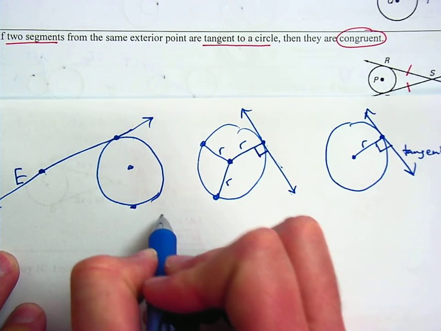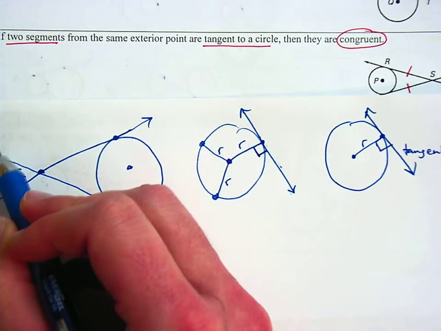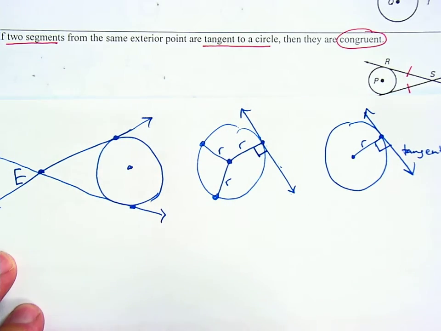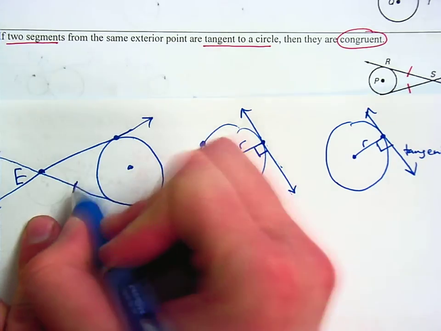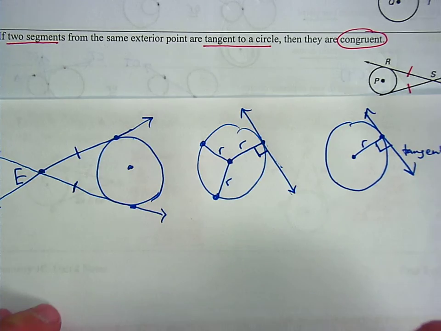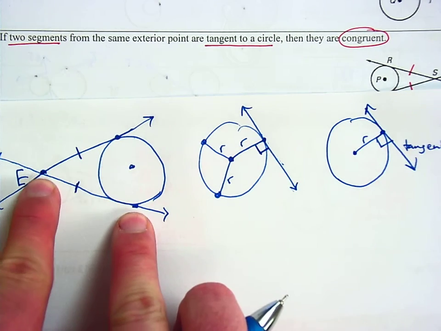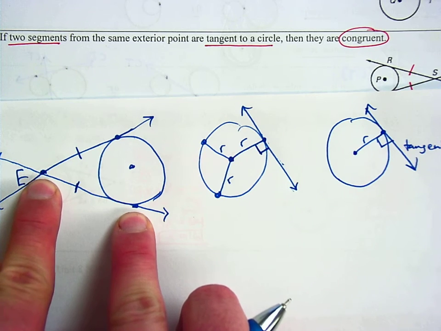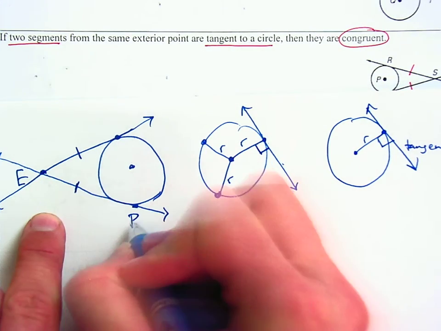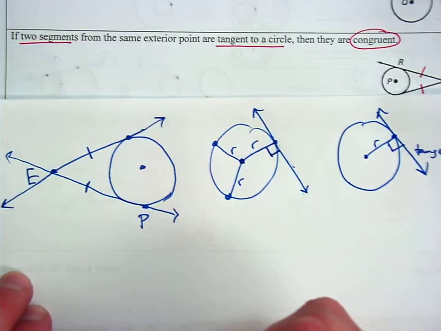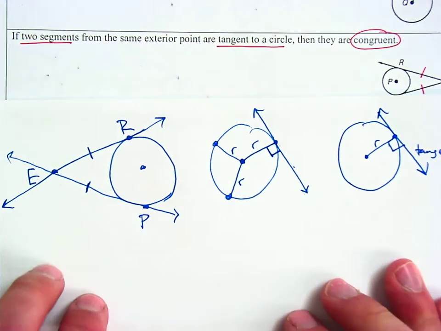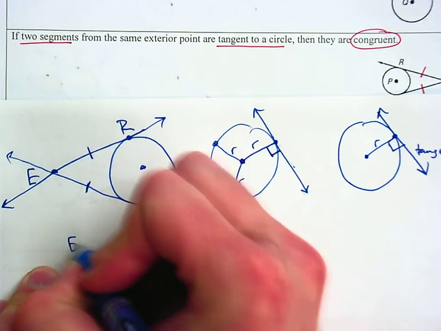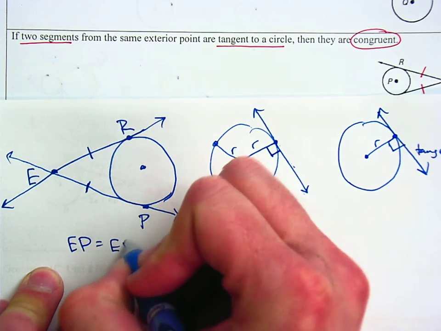Well, here's another tangent line. It only touches at one point. Then these two pieces right here are congruent. So just these segments, but the segment here from, let's call this E to point P, so EP, and let's say E to point R, okay?